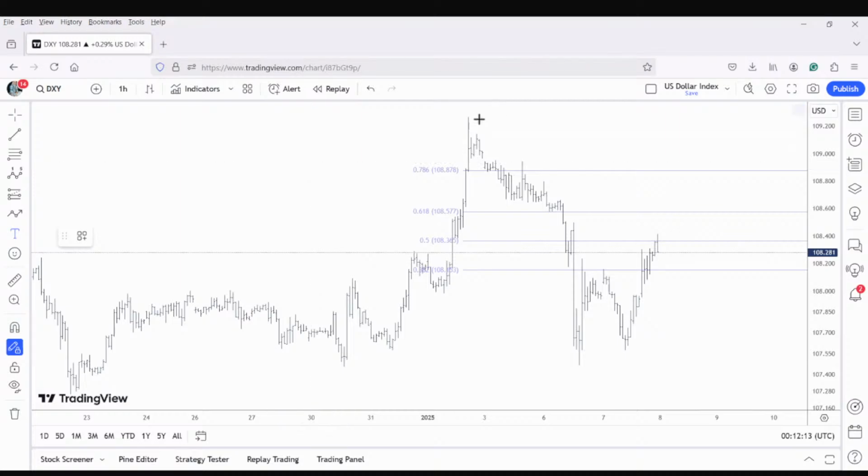And that's the reason why we always keep the stop loss above the high or below the low. Straight away here, the potential trade setup. Potential short. I think in the last session, we initiated shorts around 108.15.